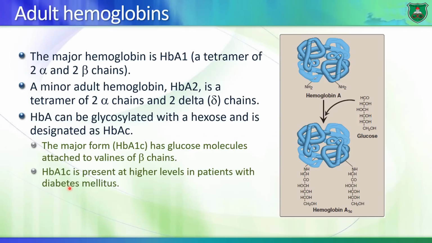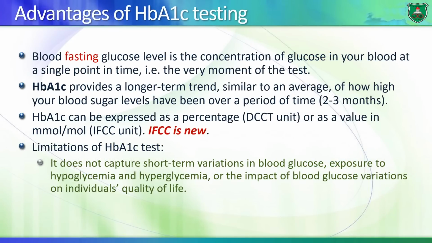So diabetic patients would have higher proportion of glycosylated hemoglobin versus normal individuals. So the level of glycosylated hemoglobin can be used as a marker for diabetic patients.